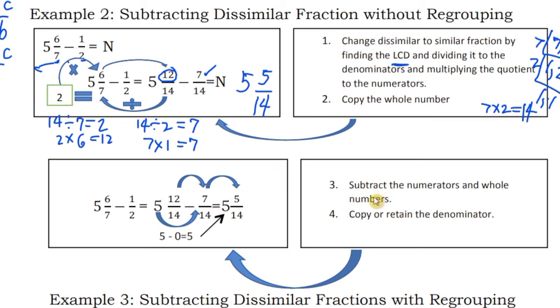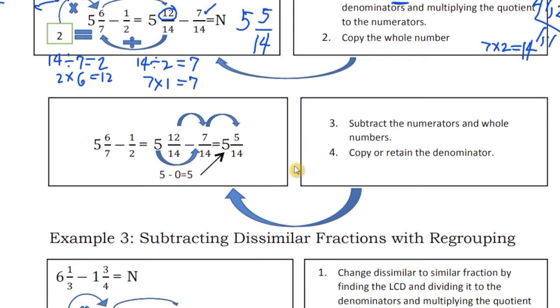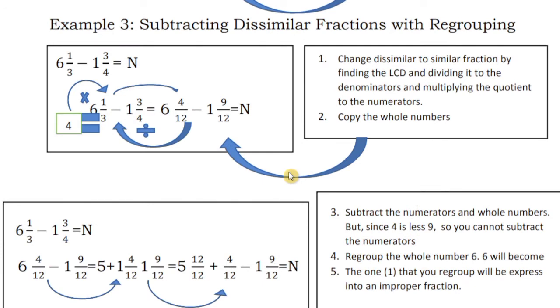Then we subtract the numerators of both terms in the subtraction, and the whole numbers. Then just copy or retain the denominator that we have. So that's it.